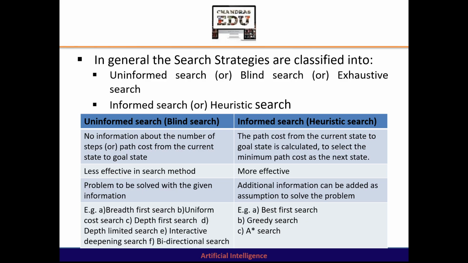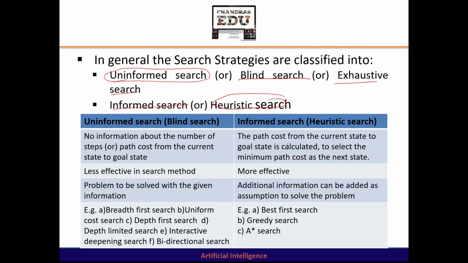Okay. So uninformed search, we have different names for them. One name is blind search, and the other name is nothing but exhaustive search. So that is for the uninformed search. And when it comes to the informed search, we can call it a heuristic search.